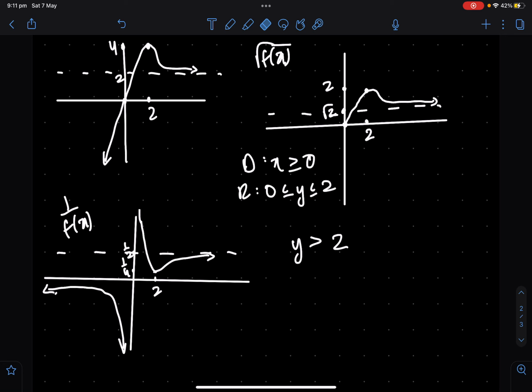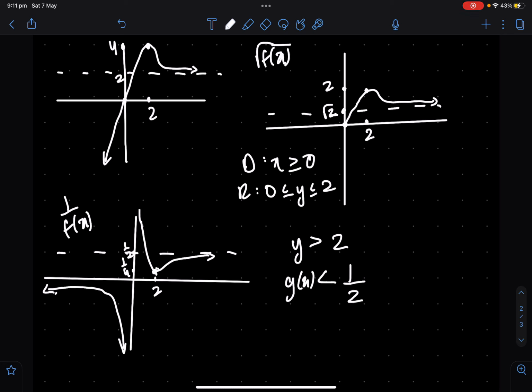Now, if we were to do this, this would be 1 on y less than a half, sorry. And 1 on y, that's our new function. So we'll name this g of x, our new function. And this can be seen in our graph, where this point is less than 1 on 2.